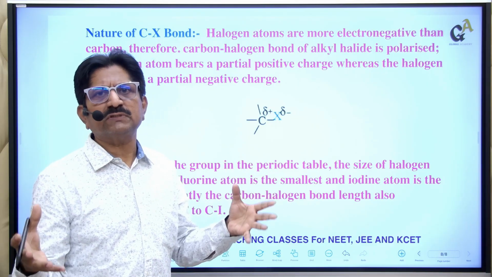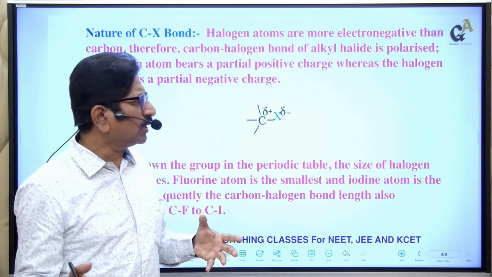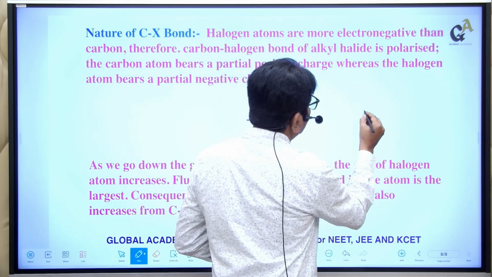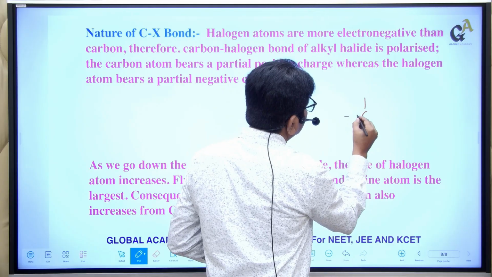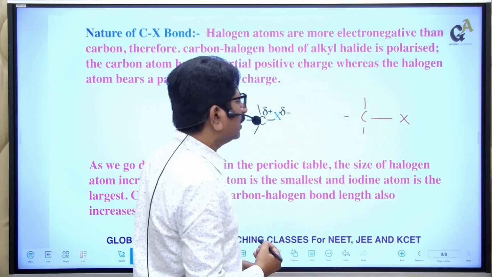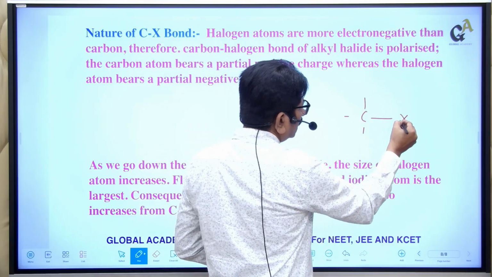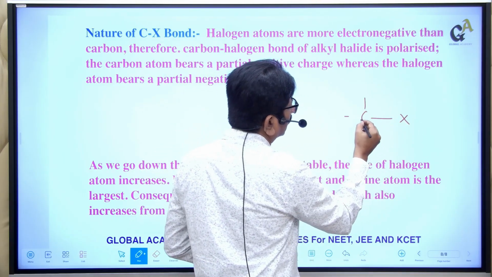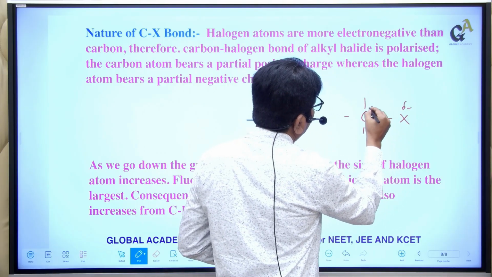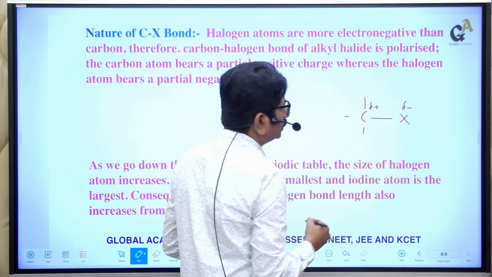How does the separation of charges take place in the molecule? Let's see. If you take the molecule, and this is the X we have taken. As the halogen is more electronegative than carbon, naturally it takes a slightly negative charge, and carbon takes a slightly positive charge.